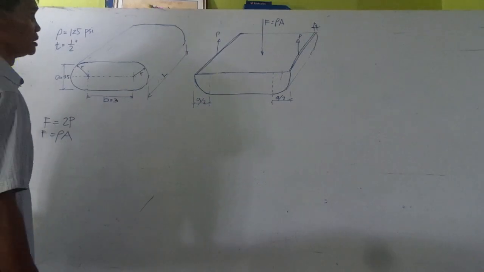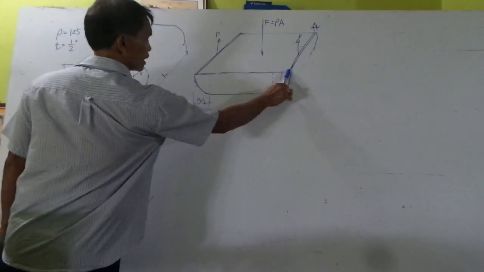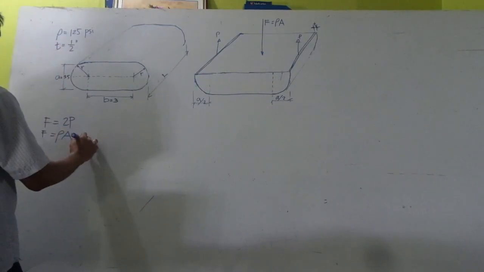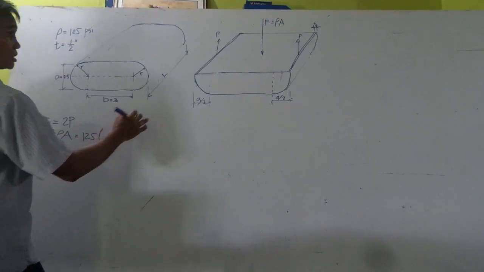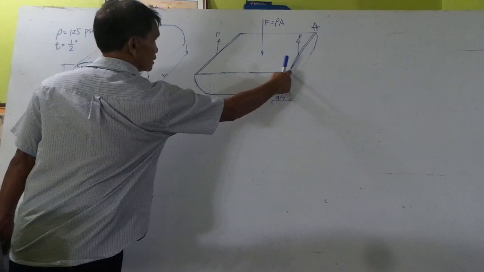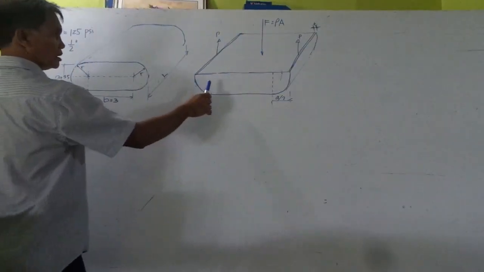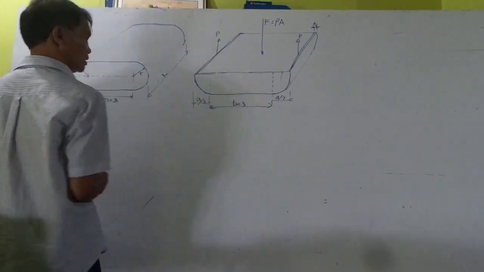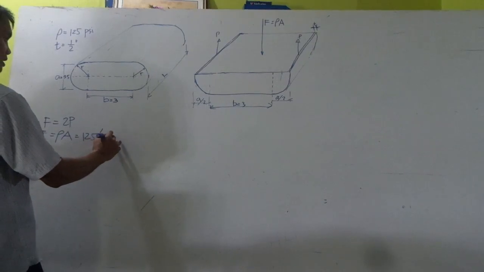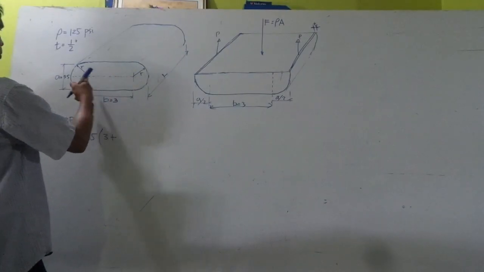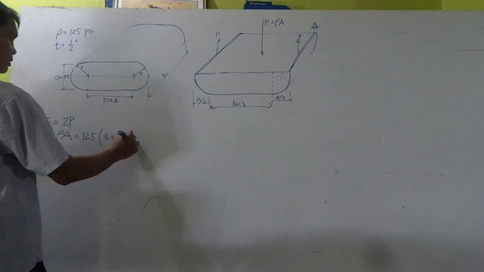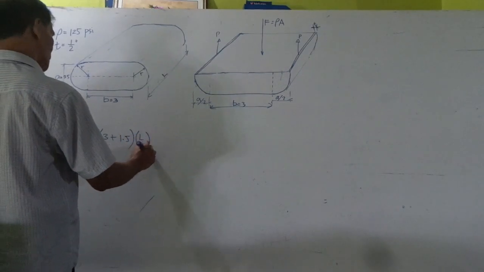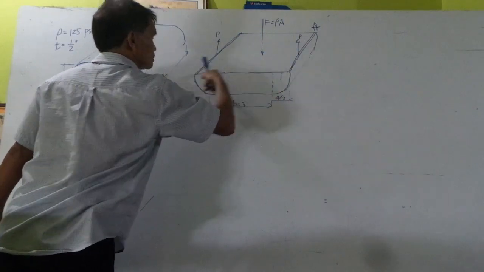That area is just equal to this length, with the unit pressure 125, times this length, which is 3 plus 1.5, or 4.5, times the length L.